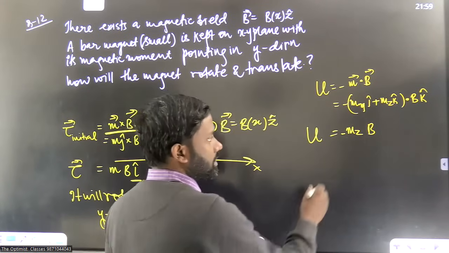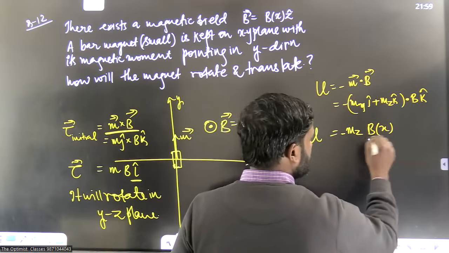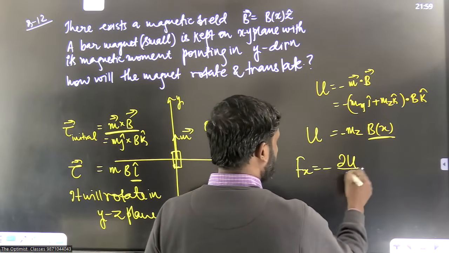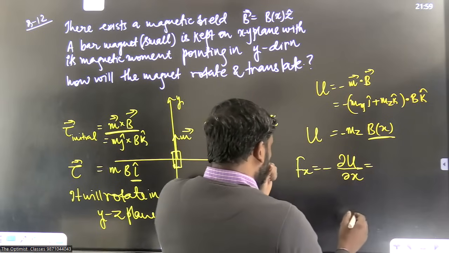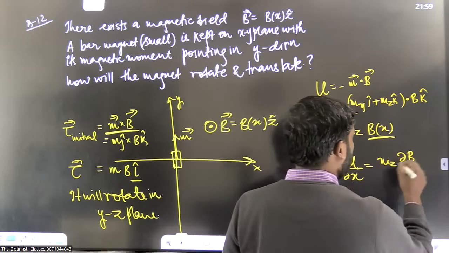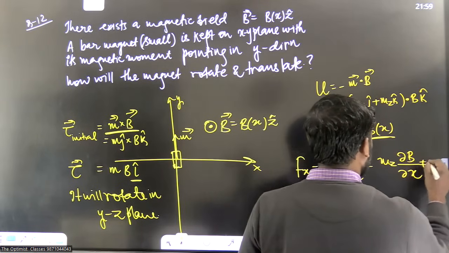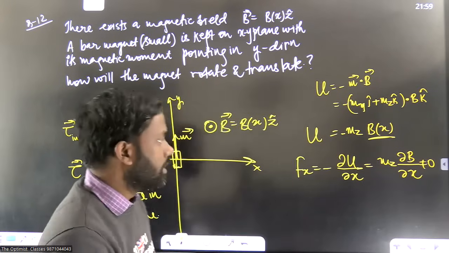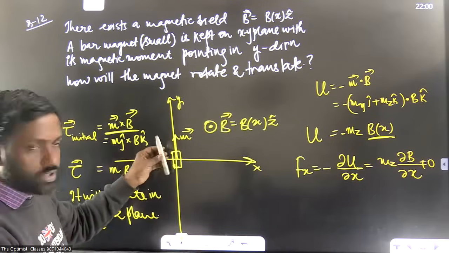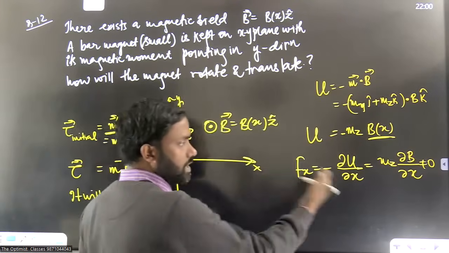Now, since B is a function of x only, we can calculate F_x equal to minus dU by dx. That will be m_z times dB by dx. This is not zero, so the bar magnet will later experience some force in the x direction, and that's why it will translate in the x direction.